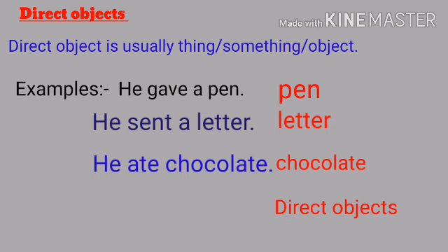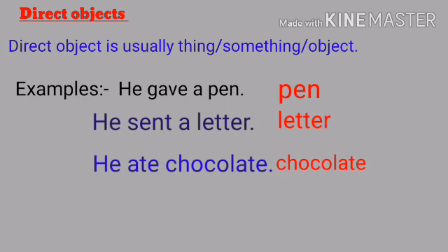As I have told you, a direct object is usually a thing or something or an object, that you must remember.